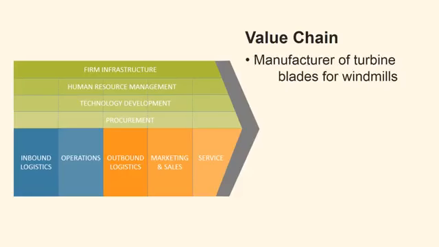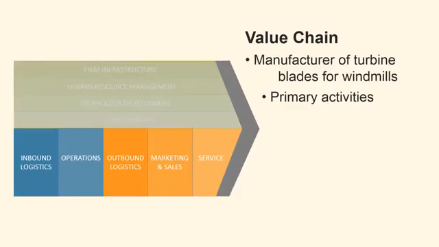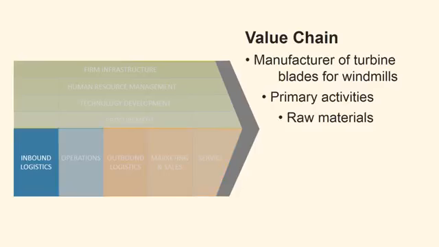Now we shall review an example of the use of the value chain with a manufacturer of blades for wind turbines. For simplicity, we will first review the primary activities. A manufacturer receives inbound logistics raw materials to be included in the blade later.